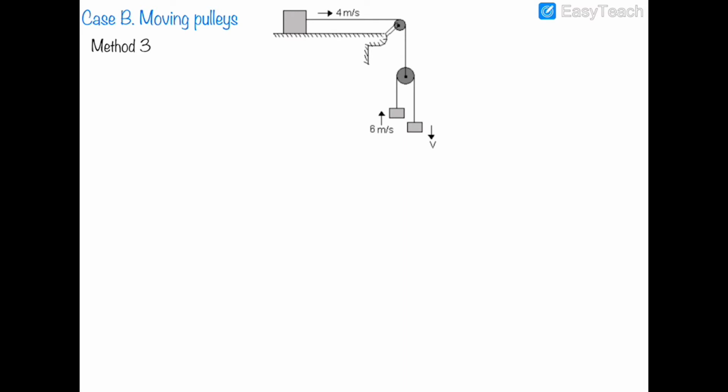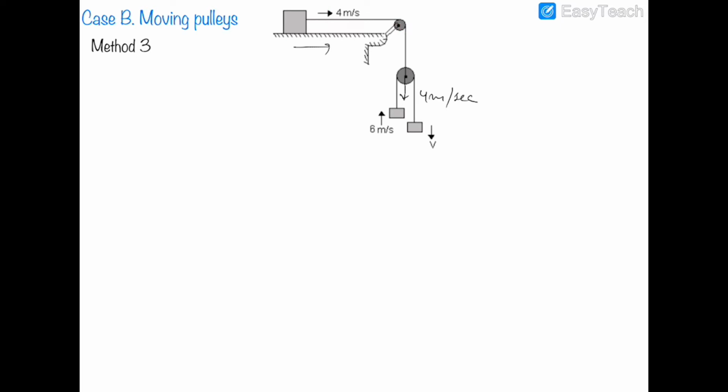So in this method, I can see that there is a pulley which is moving like that, and if this block is moving with 4 meters per second, then this pulley would be moving downwards by 4 meters per second itself, because the pulley situated between the block and this moving pulley is at rest.